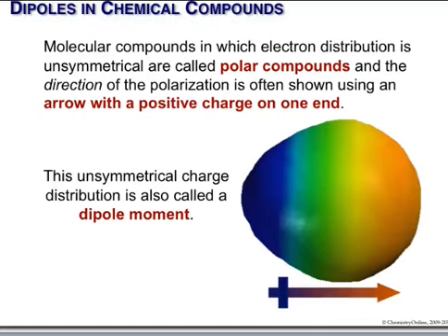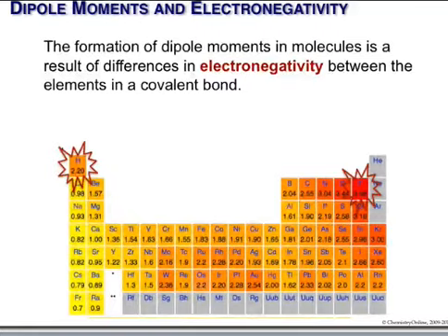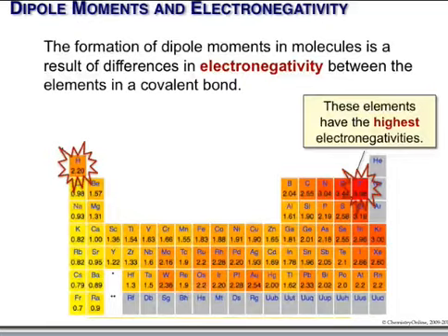Now why is this? How can fluorine get away with hogging all the electrons? That's not nice, is it? Something called electronegativity. We're looking here at hydrogen and fluorine. This is our periodic table with another number put on there.